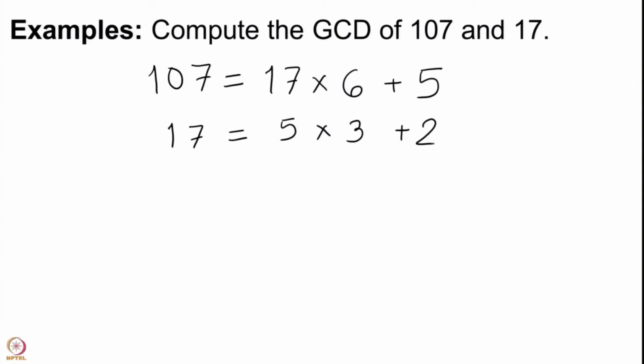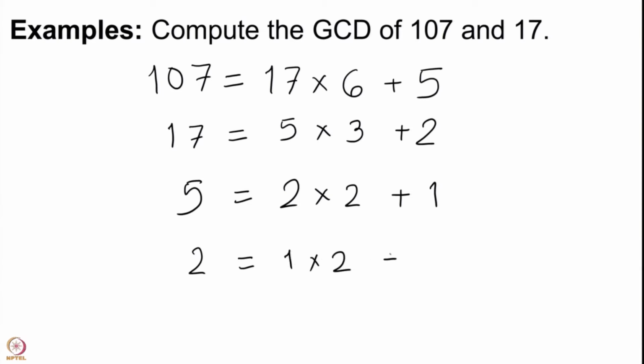Next, we work with 5 and 2. We have still not got our remainder to be 0. So, we need to continue, but now this is very easy. So, the GCD of 107 and 17 is 1.